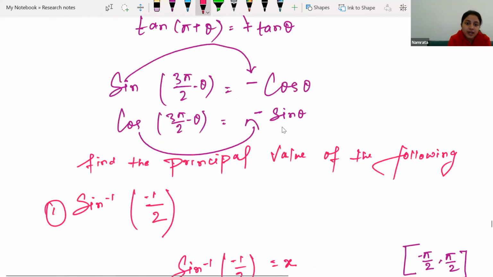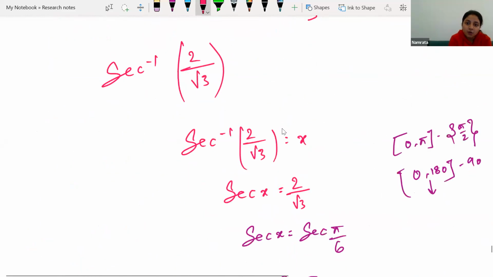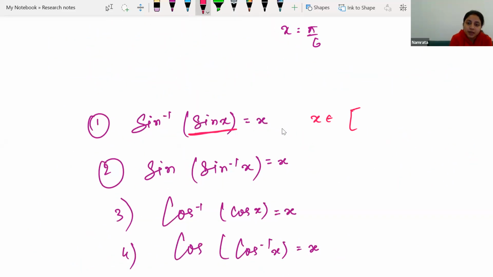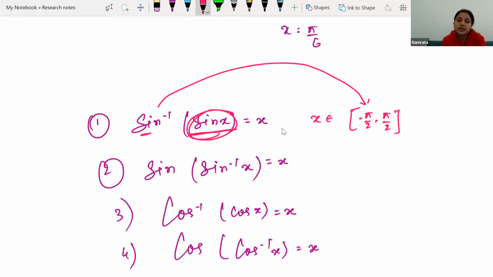So whatever x is, that will always lie in this range minus pi by 2 to pi by 2. This total is giving us x, and sine inverse has this principal range. That's why our x will always lie between minus pi by 2 and pi by 2.